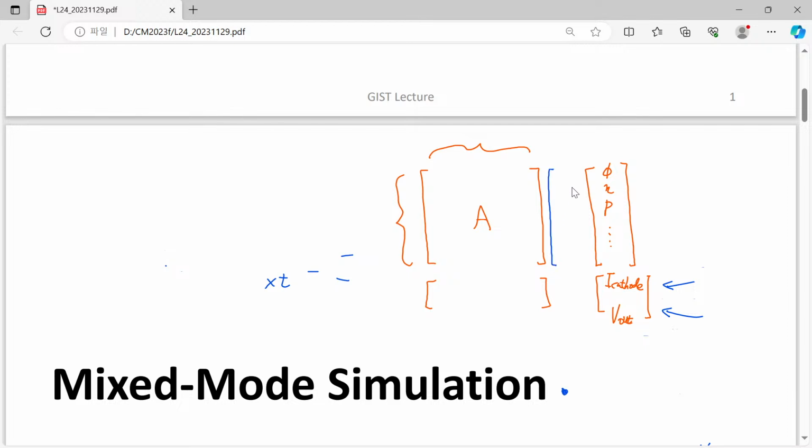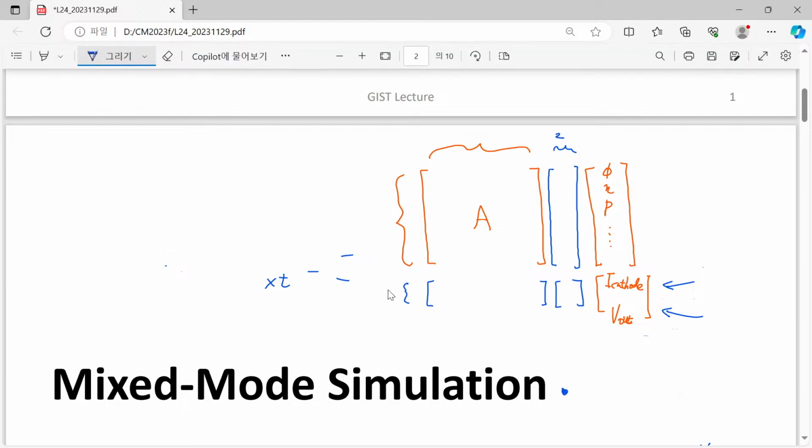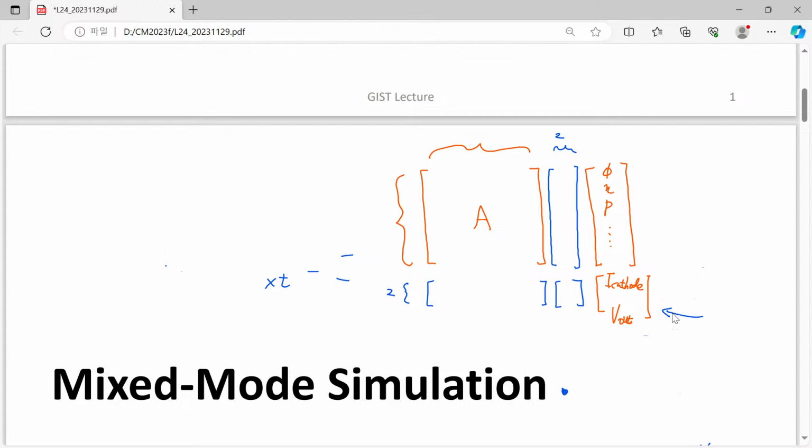You can easily understand by adding these two numbers. Our Jacobian matrix should be enlarged by two entries in each direction. That will be the total size of our Jacobian matrix. Do you have any questions? Then please interrupt me.